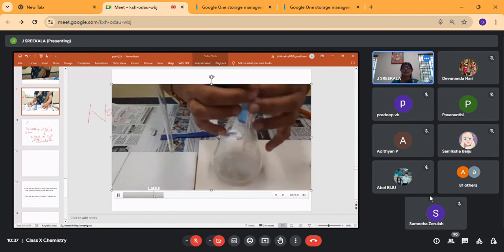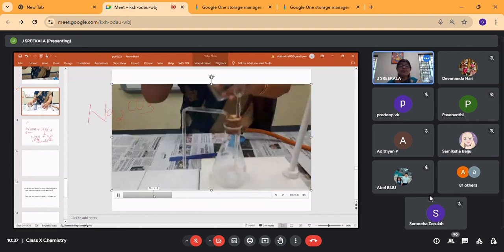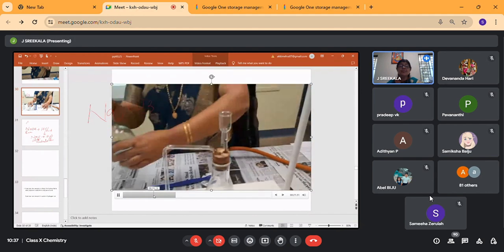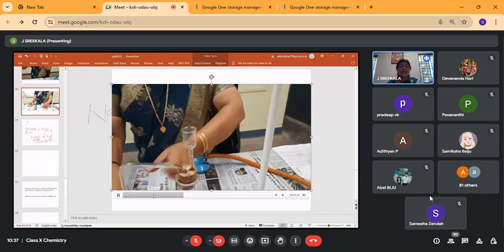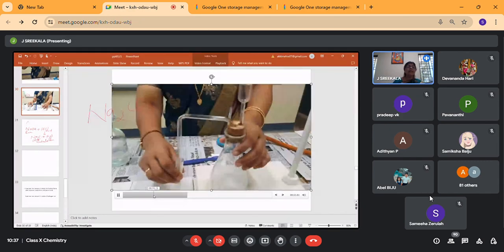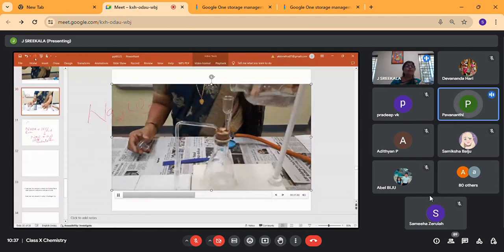The thistle funnel is connected, and the delivery tube is connected to the test tube containing what? Lime water.